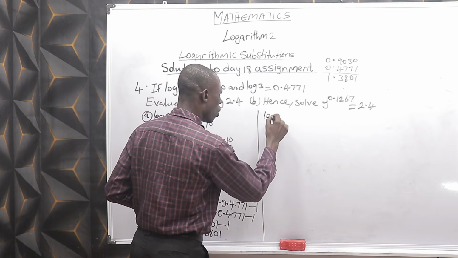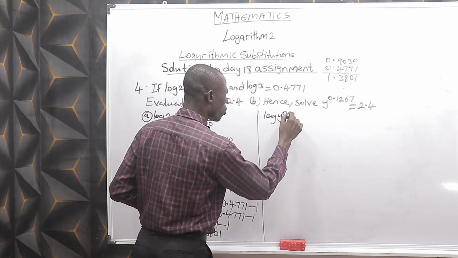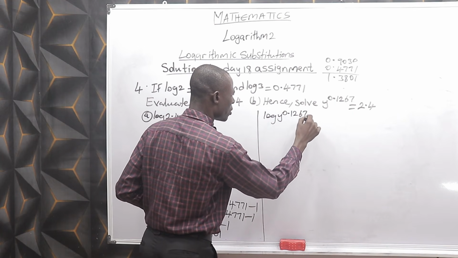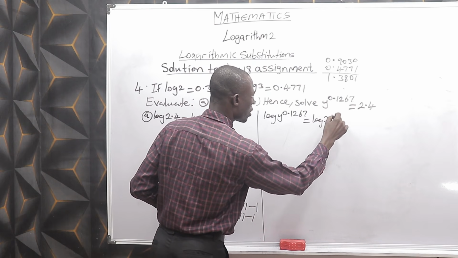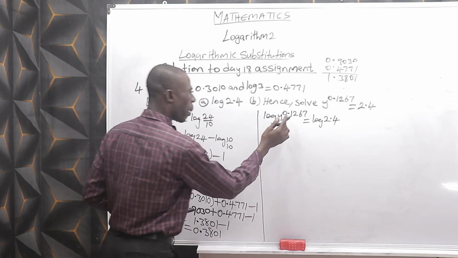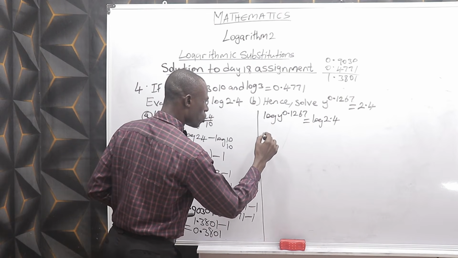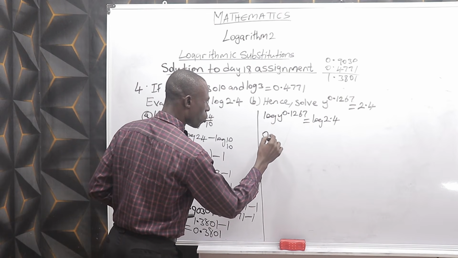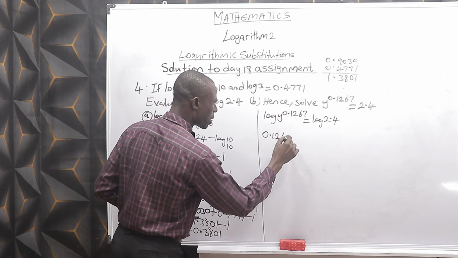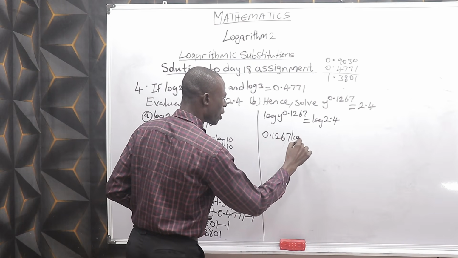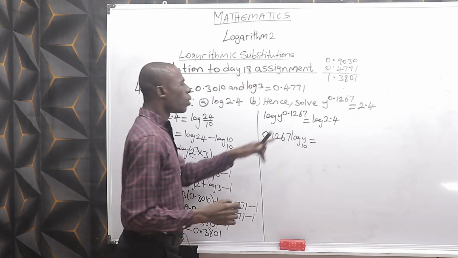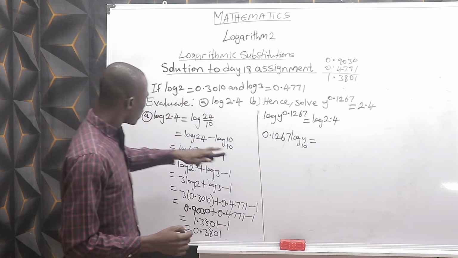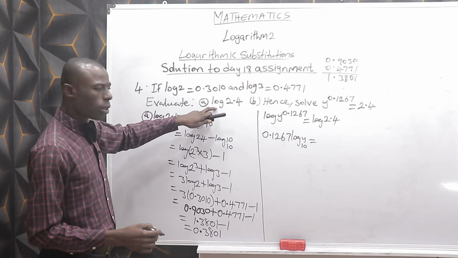That is log y raised to power 0.1267 equals log 2.4. Apply the common law here, which will make it become 0.1267 log y base 10 equals log 2.4, which is what you have in question A.